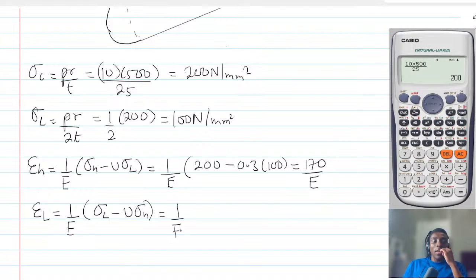So I'll get 1 over E into bracket 100, which is for the longitudinal, minus 0.3 multiplied by sigma H. And sigma H was the hoop stress, which was 200, right?